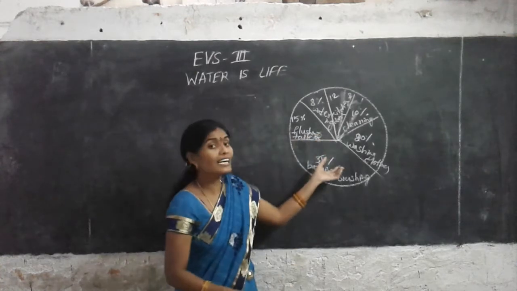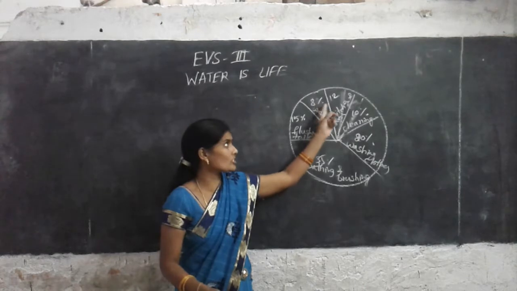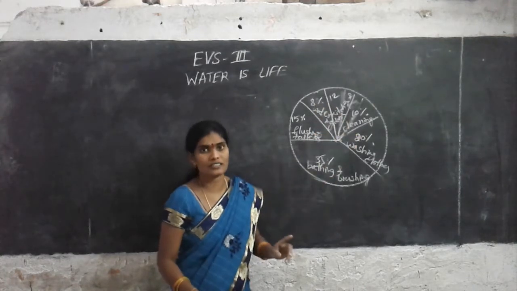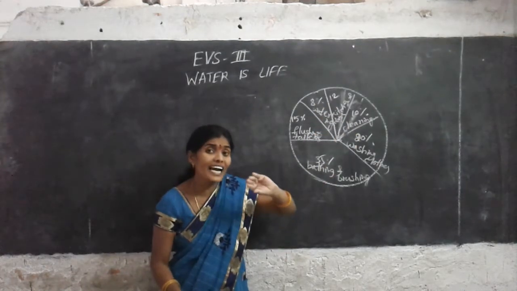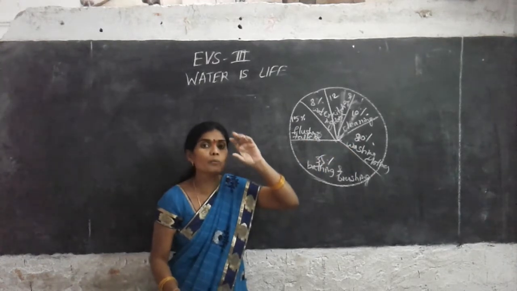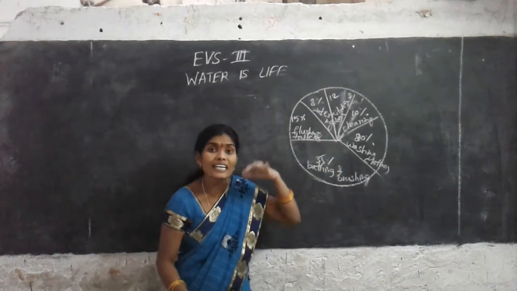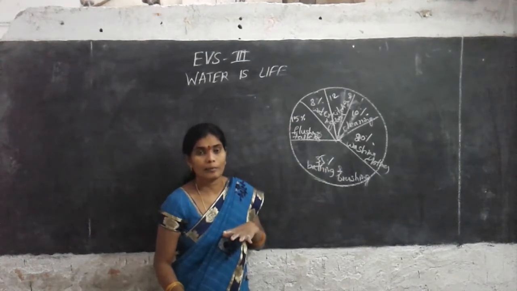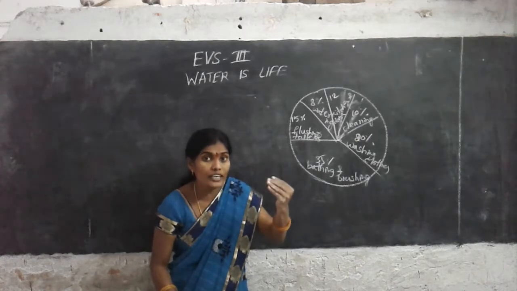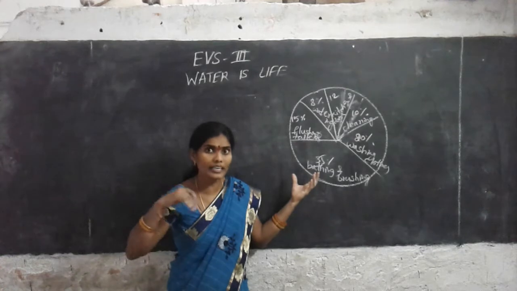Here, a lot of water is wasted. 8%, 12%, 10%, these 3 are the less percentage. But these 3 are the most percentage. We have to write them in descending order. Means where more water is used, that should be written first.